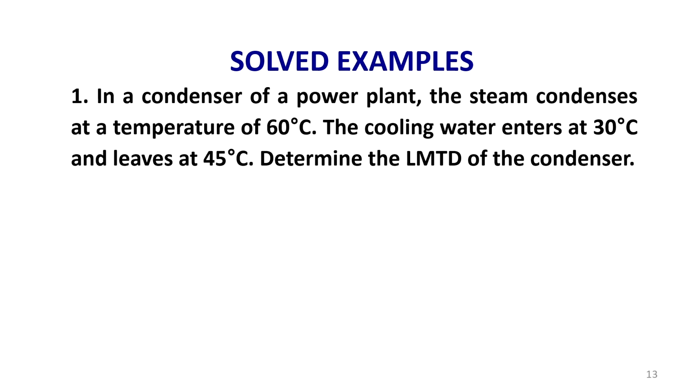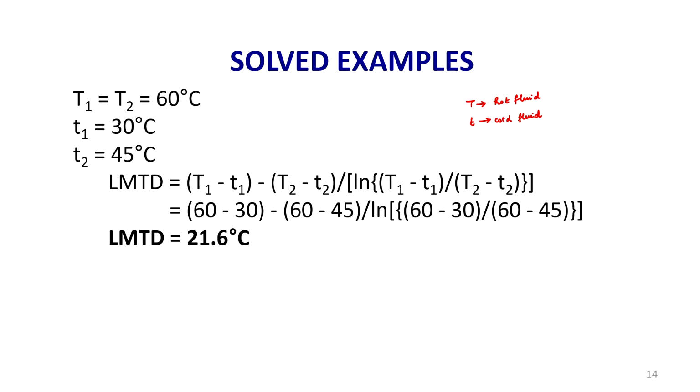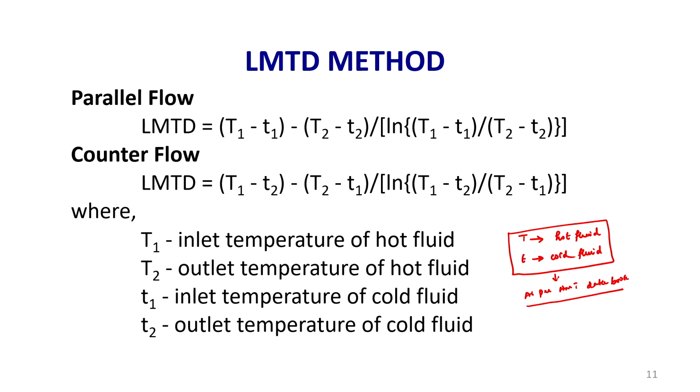We cannot write small t1 equal to t2. If they were equal, that would mean there is no change in the temperature, that the cooling medium has not removed any heat from the condenser during the condensation process. So, let us write the LMTD formula, capital T1 minus, I have written this formula. I am assuming the flow to be parallel flow.